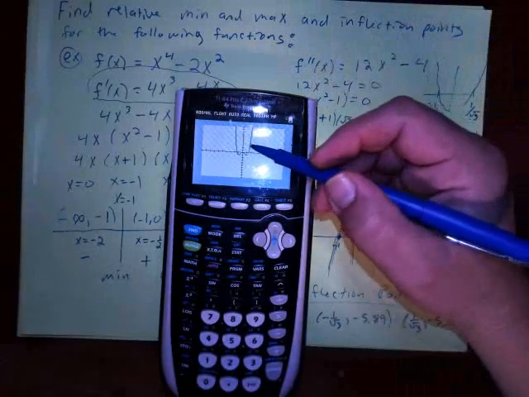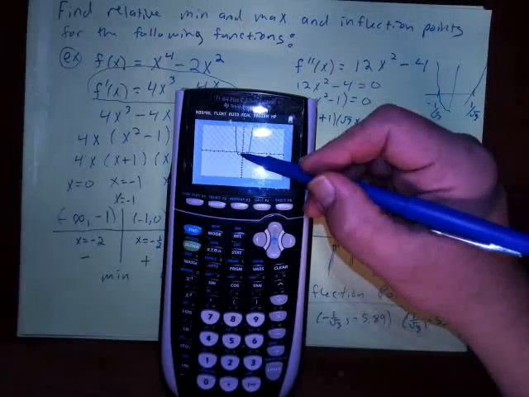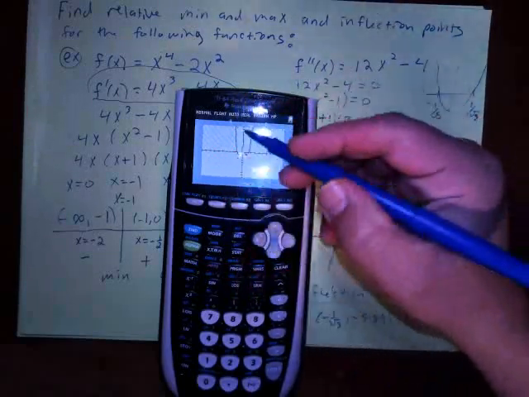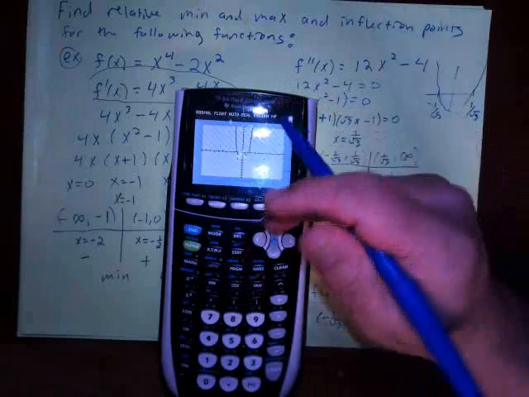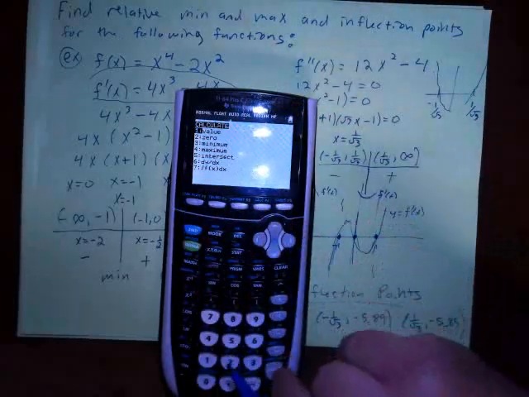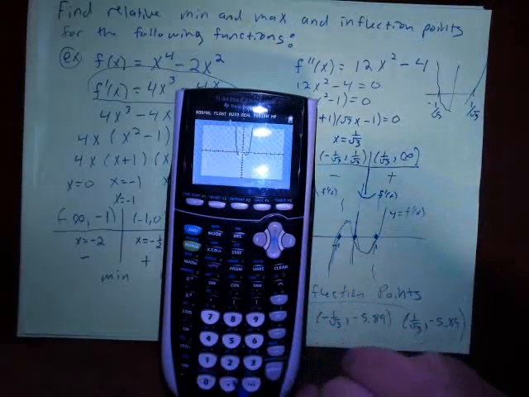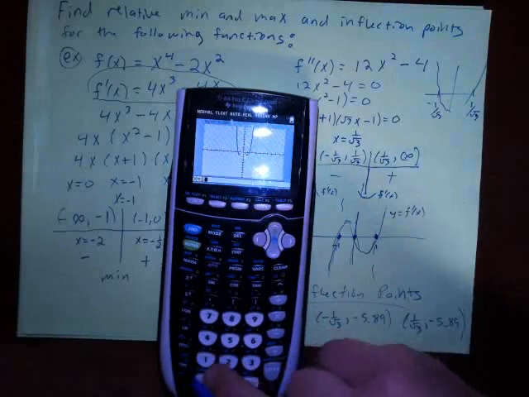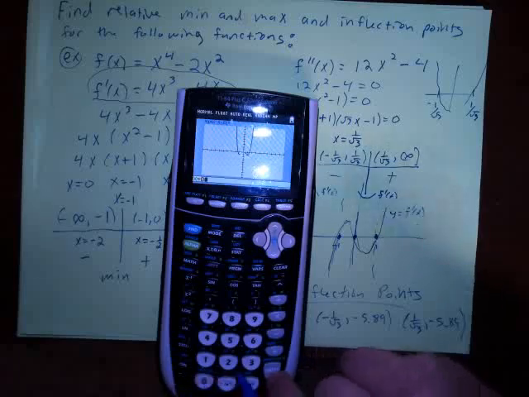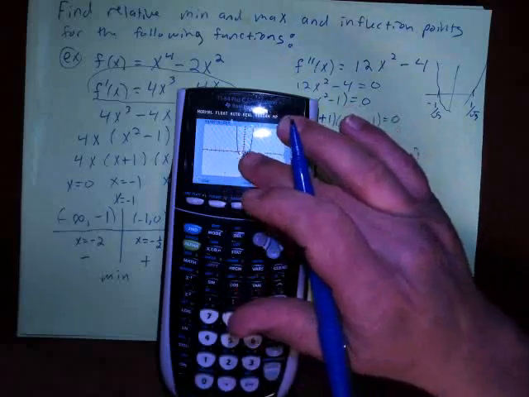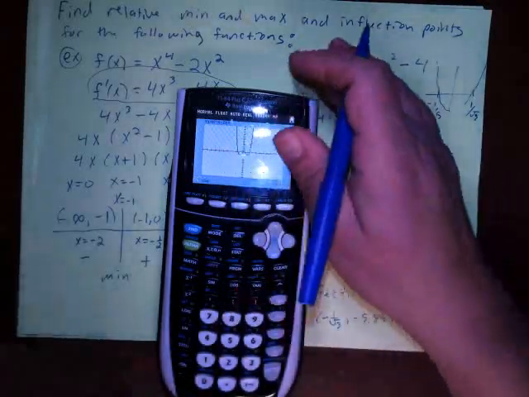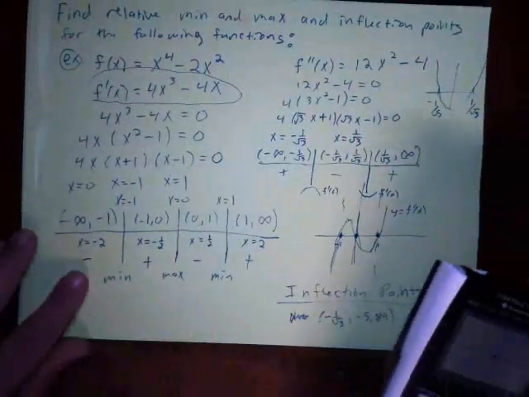And here we see that we have a min at 1, so if I hit second calc, if I hit negative 1, that's a min. If I hit a positive 1, that's a max. At 0, I'm sorry, both the negative 1 and positive 1 are min. The 0 is a max. That's what's being shown here.